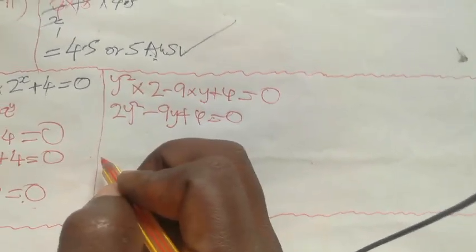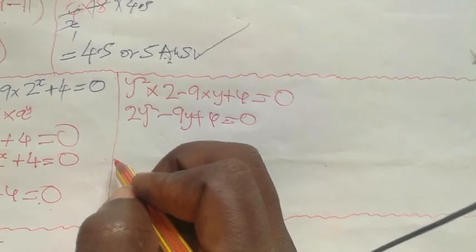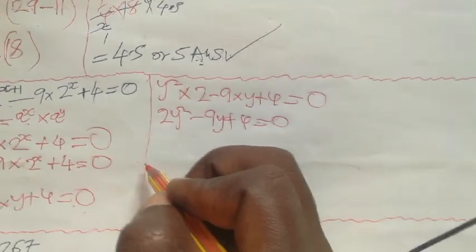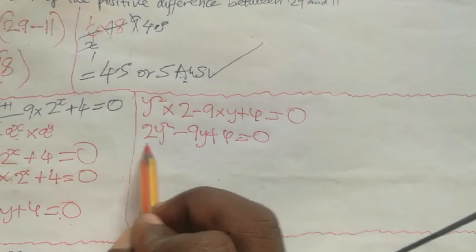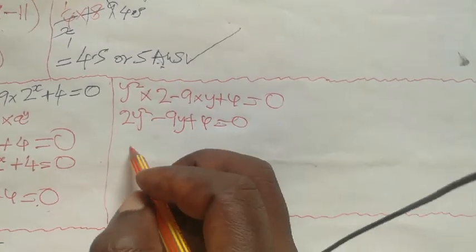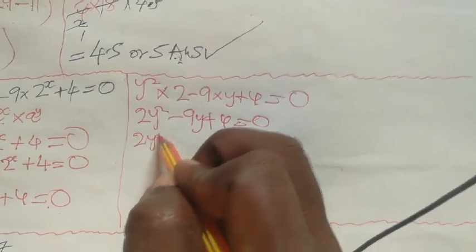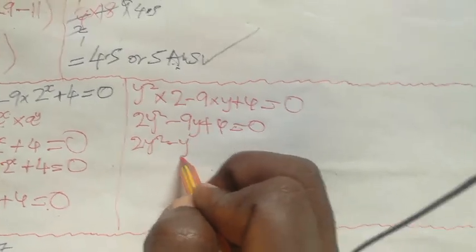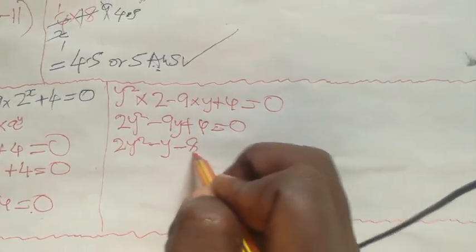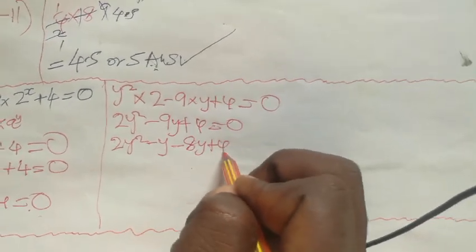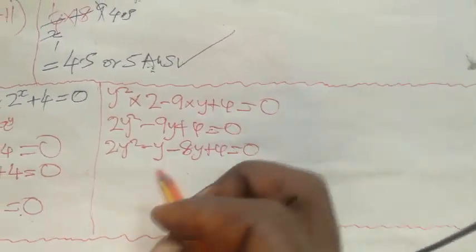Now let us factorize to get the values of y and x. Hence, 2y squared minus y minus 8y plus 4 is the same as 0.